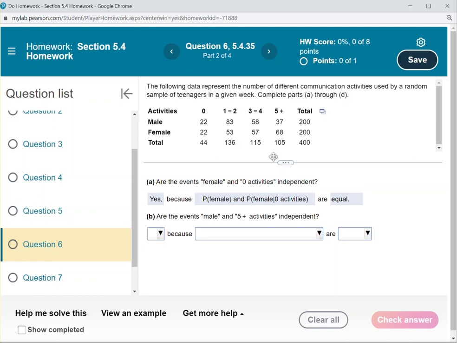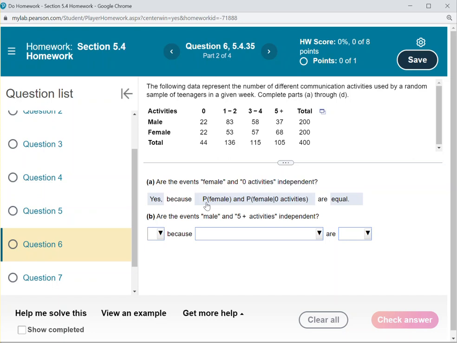Now 37 divided by 105 is not going to be equal. We're not going to get 0.5. I can divide that real quick. 37 divided by 105 is 0.352, so it's definitely smaller.